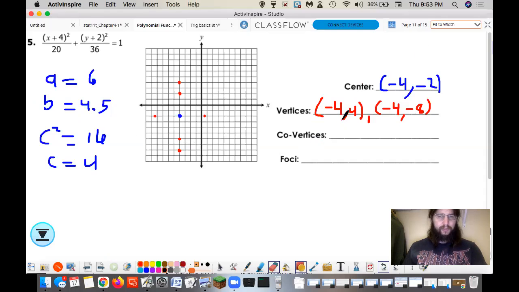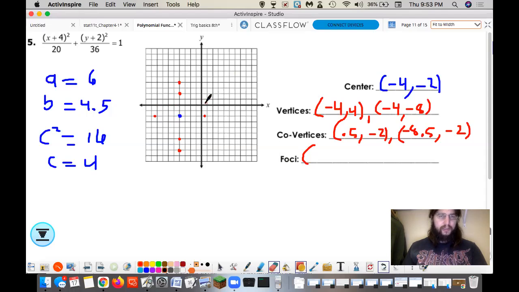Co-vertices first, I guess. That's about 0.5 and -2. This one, -4, 5, 6, 7, 8.5, -2.